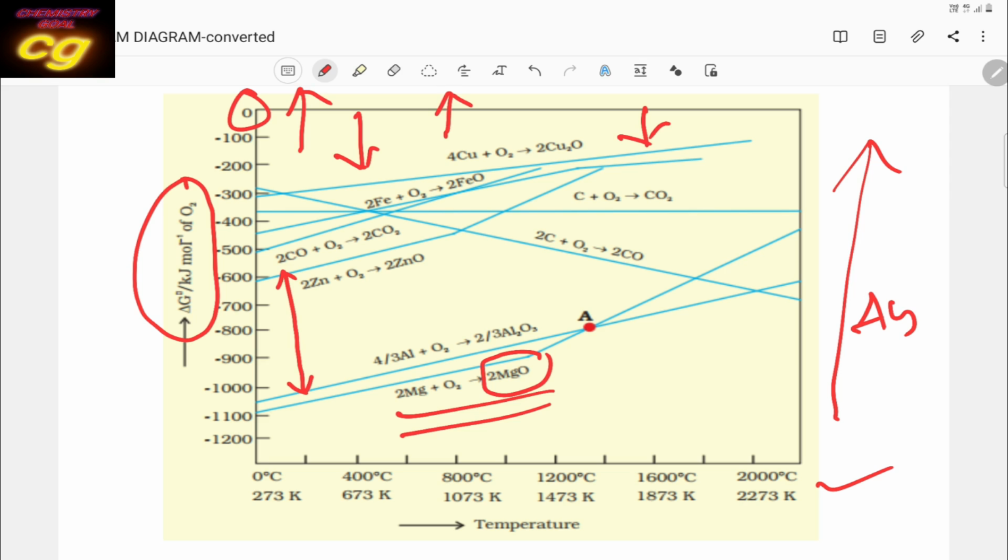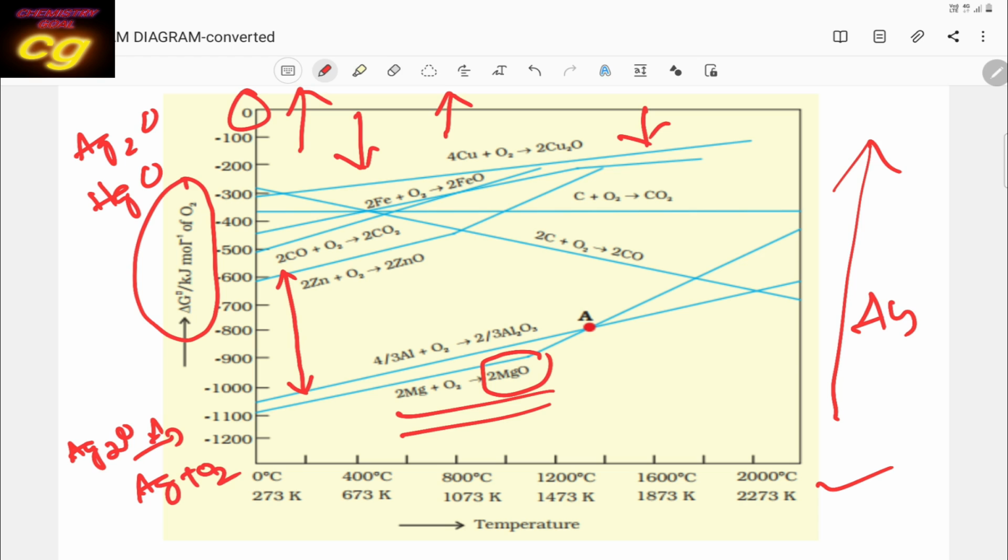But the oxides which are coming above, for example silver oxide, mercury oxide, not shown in the graph, these oxides are very unstable and can be decomposed on heating. That means if you heat this type of oxide, suppose silver oxide is heated, it converts to silver and oxygen; it will easily decompose.